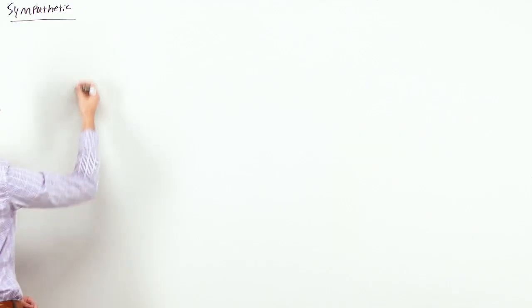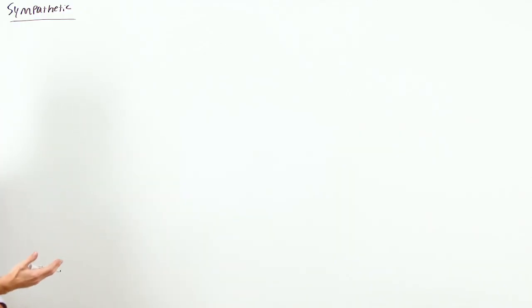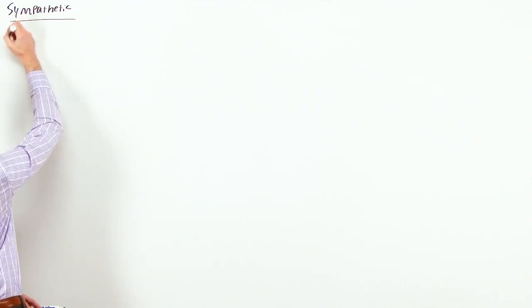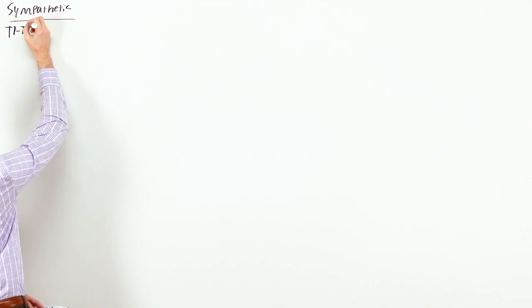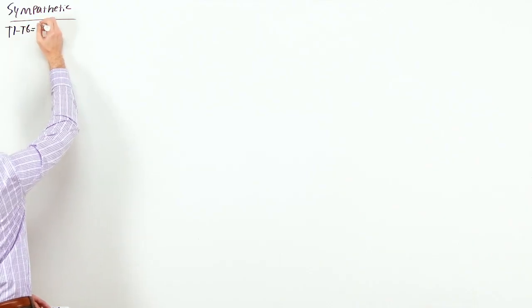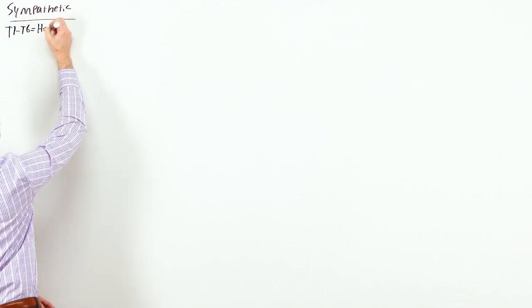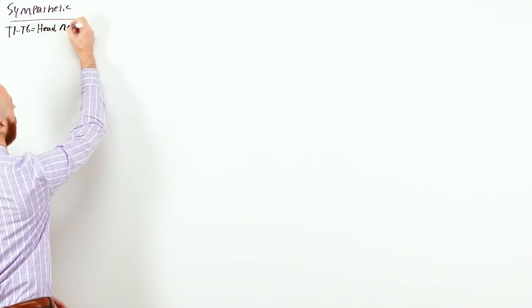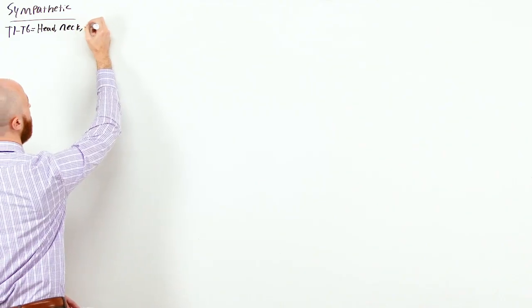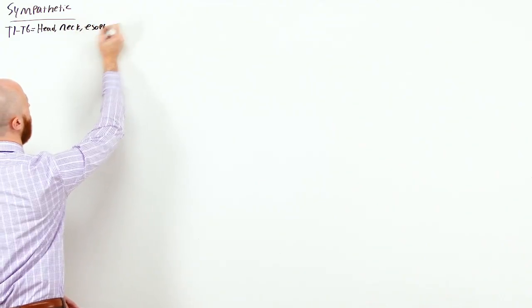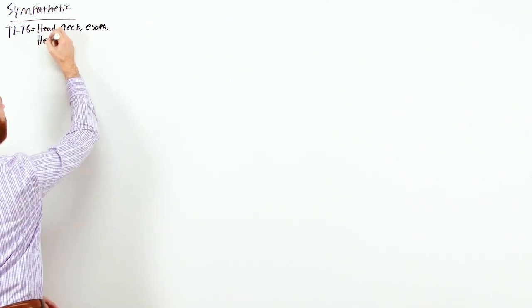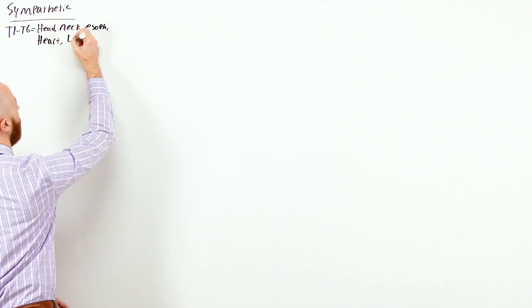So the way that I'm going to divide this out is I'm going to write out each level and what structures are innervated by it, but I'm also going to draw a picture in the same color to help it stick a little bit better. So we're going to start off with T1 to T6. In this range, you're going to think of the head, the neck, esophagus, the heart, and the lungs.